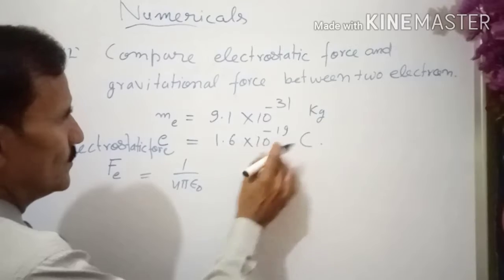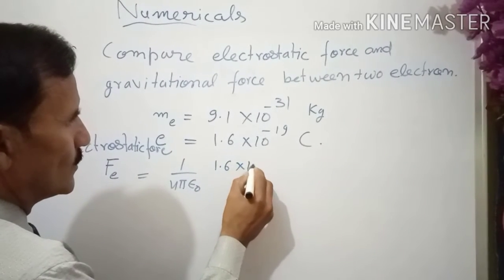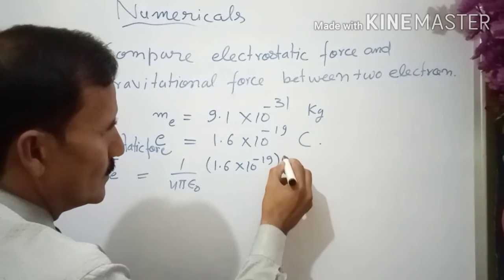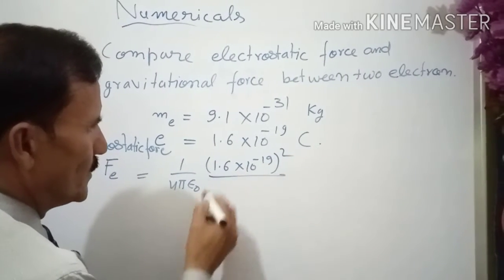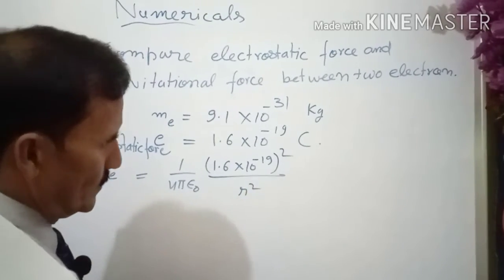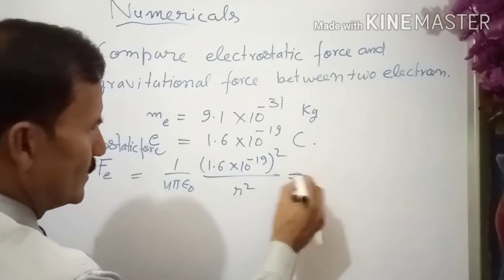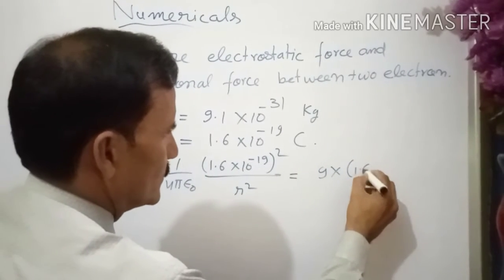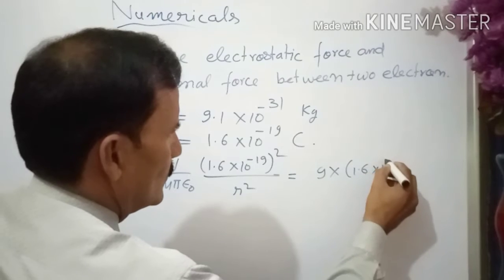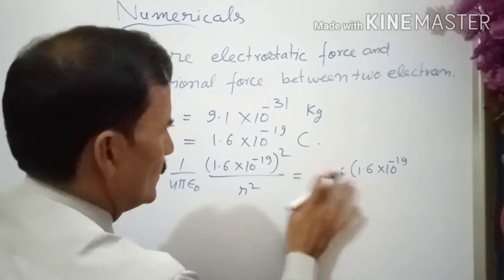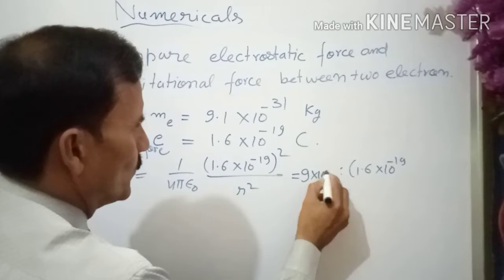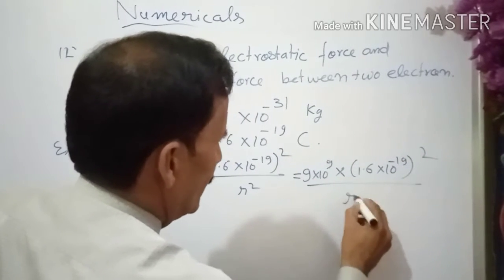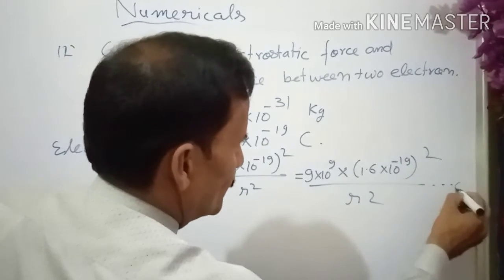Both are the same, so it is 9 into 10 to the power 9 into (1.6 into 10 to the power minus 19) whole square upon r square. This is Fe.